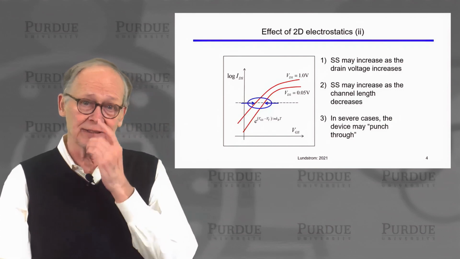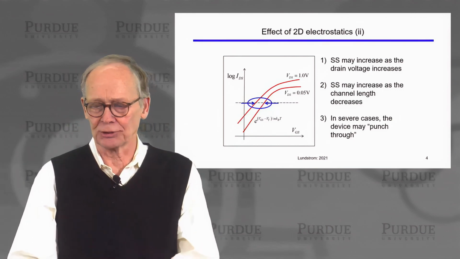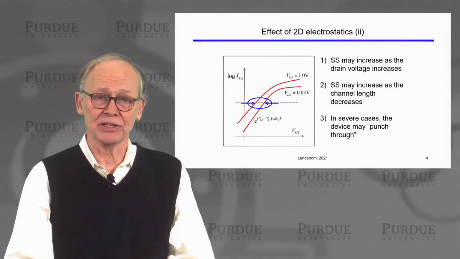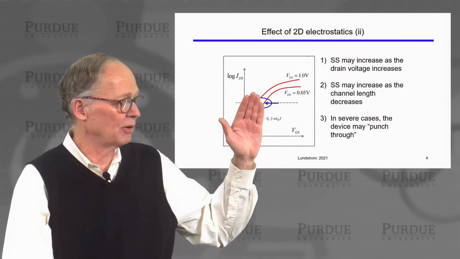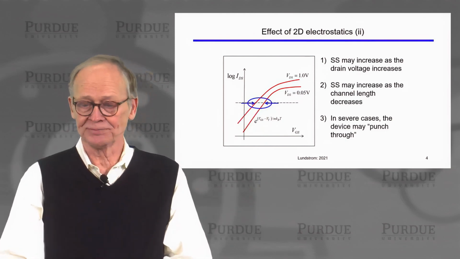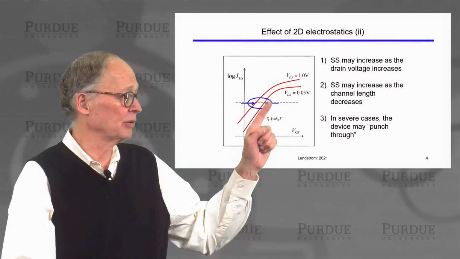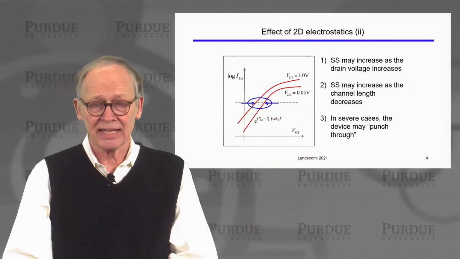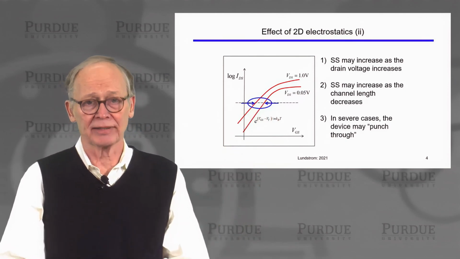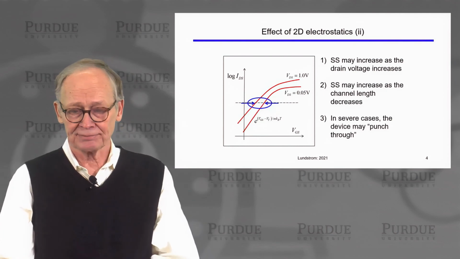Well, there are some other things that can happen if the effects get stronger. We might find that the subthreshold swing changes, that the on-to-off, off-to-on transition becomes less steep. That's undesirable. And that can happen as we increase the drain voltage. It can also happen as we decrease the channel length at a fixed drain voltage.